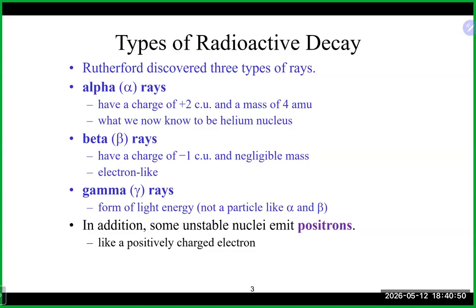So alpha particles are basically radioactive particles, and they are symbolized one of 2 ways in nuclear chemistry. They are symbolized with the alpha symbol with a 4 and a 2. Or really what an alpha particle is, is the helium nucleus. So they are also symbolized with helium here.